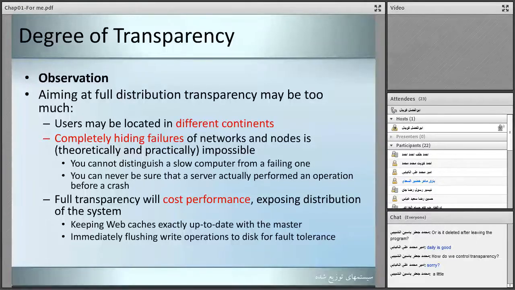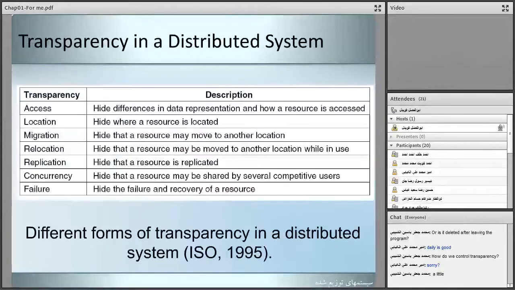Okay, the other example. See the last sentence in this slide. It's about immediately flushing write operations to disk for fault tolerance. If you remember, failure transparency is another form of transparency.